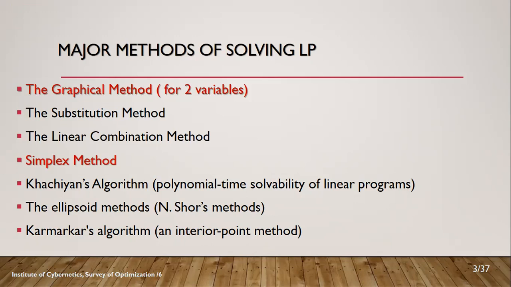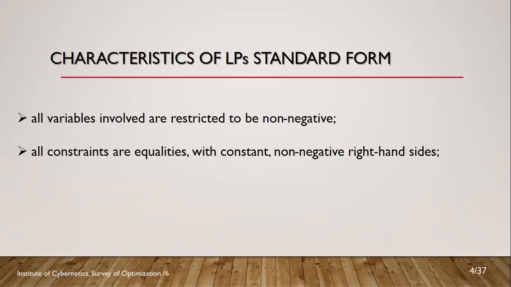The name simplex was suggested by Motzkin, an Israeli and American mathematician, and derived from the concept of a simplex. So this is the historical background for the simplex method, and now we will go over some preparatory steps which are necessary for us to apply this method.